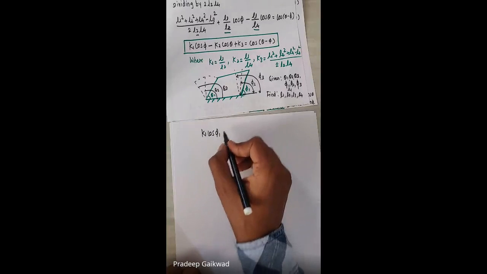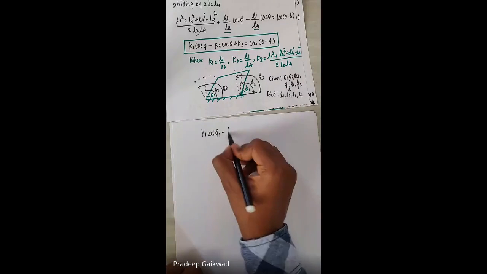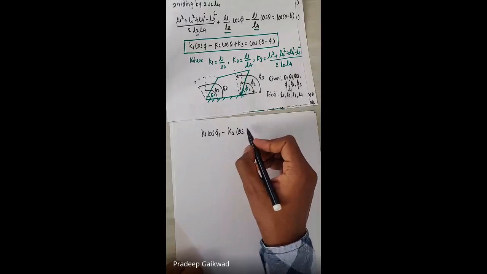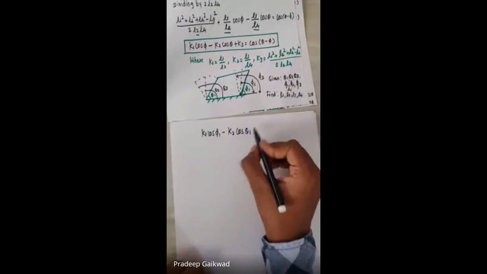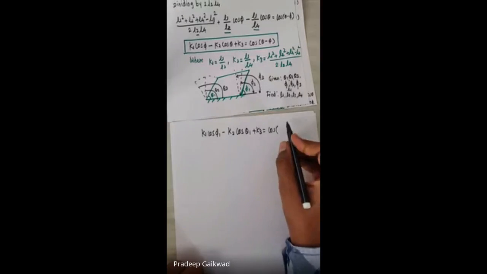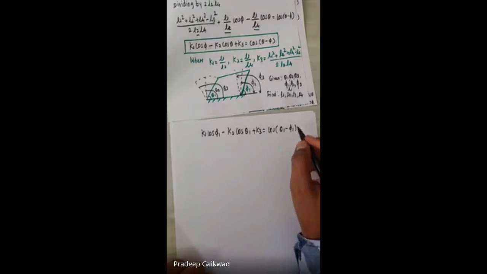So it is K1 cos of phi 1 minus K2 cos of theta 1 plus K3 is equal to cos of theta 1 minus phi 1. So this is Freudenstein's equation for the first position.